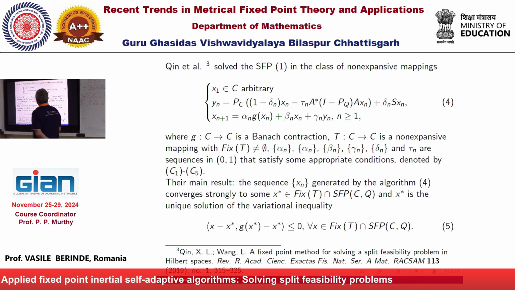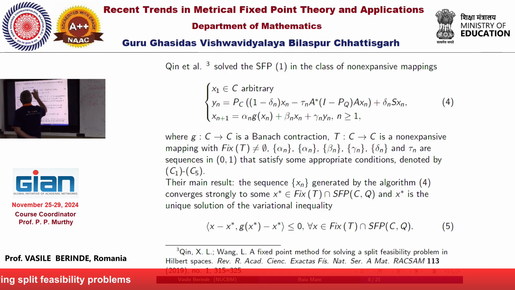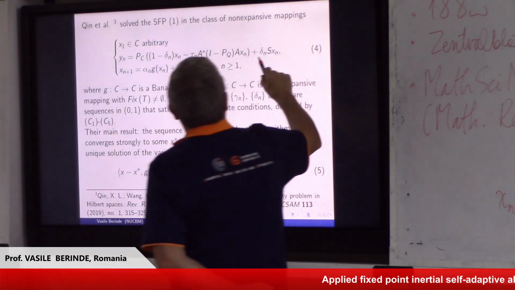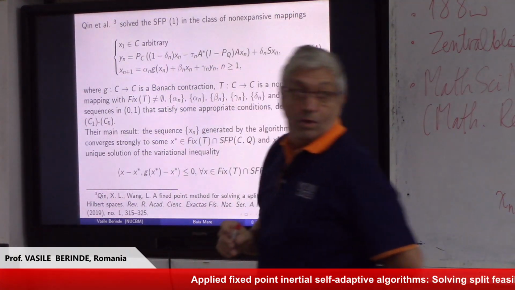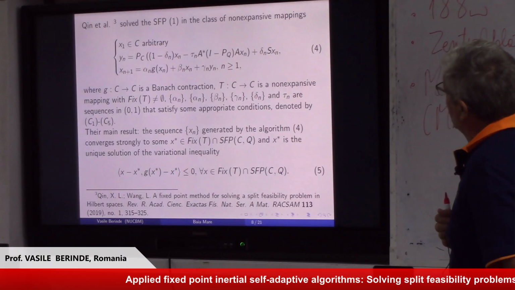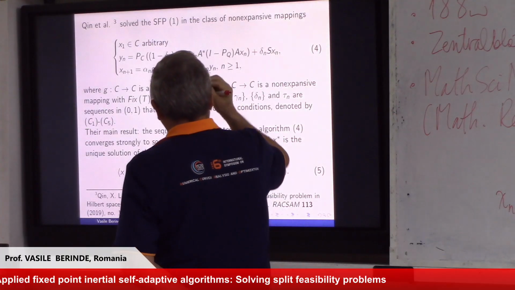It is important to note that we have some convex combination here. You can see that here we have 1 minus delta n times xn, and we have delta n times Tn. Sorry for this, I have to remember to change this to T, because I changed it somewhere.